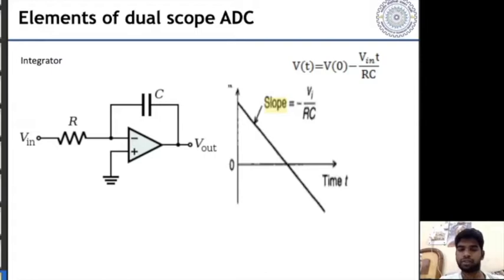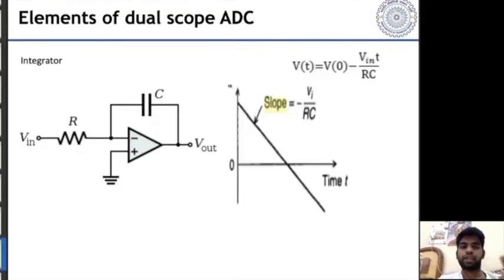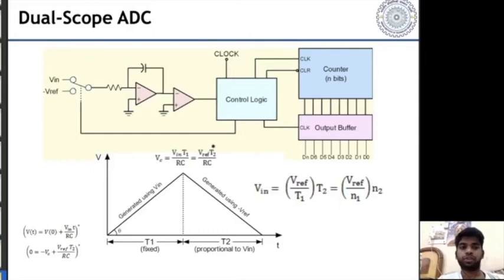This is the final setup. So dual slope ADC has basically this sort of diagram, where we can put in input and will be getting output on the right side. Here you can see the output buffer.